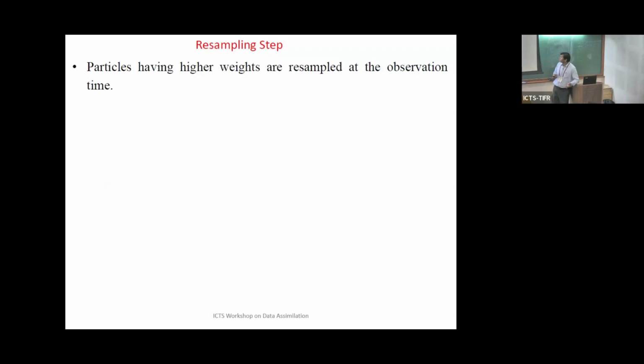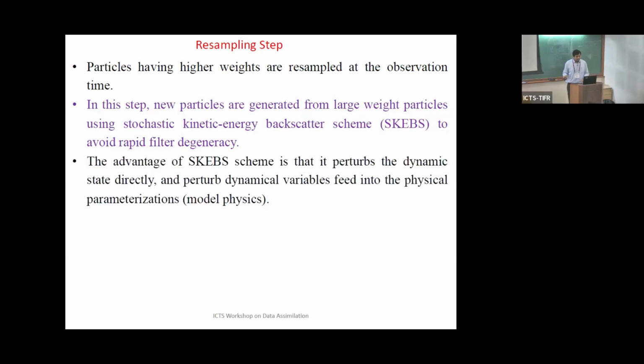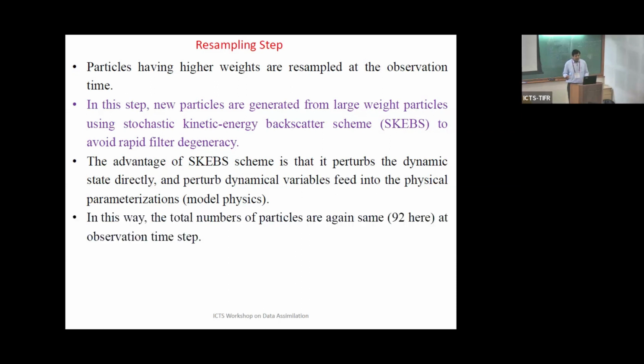Now this is the same thing we discussed. Particles having higher weight are resampled at the observation time. In this, we generate the new particles using this SCAPS method so that my total number of particles will be the same, 92 here.